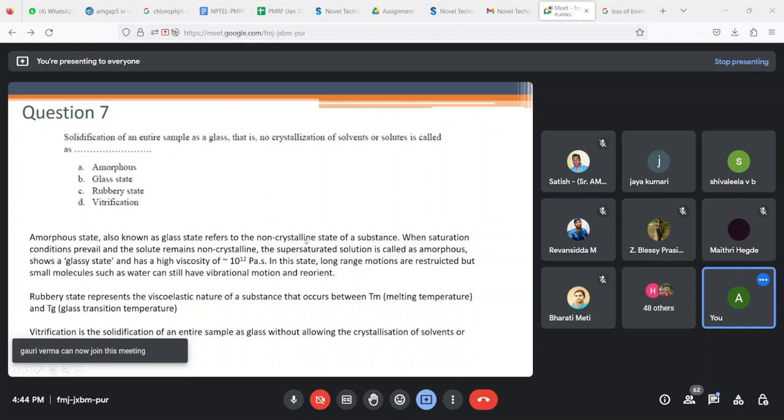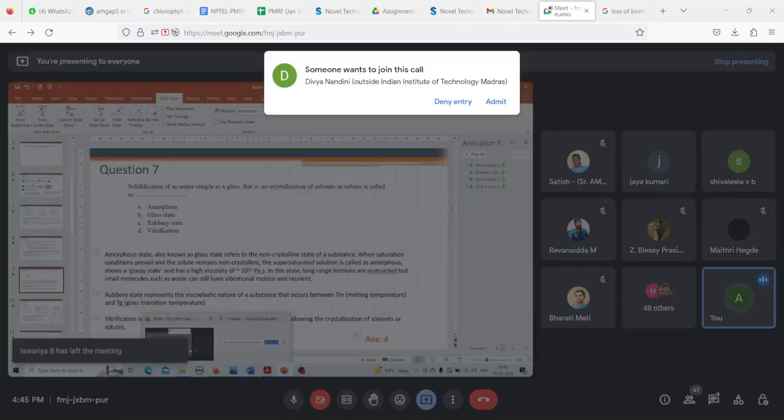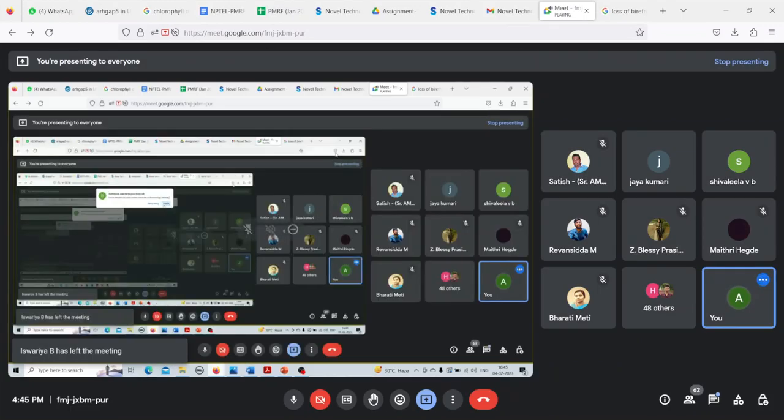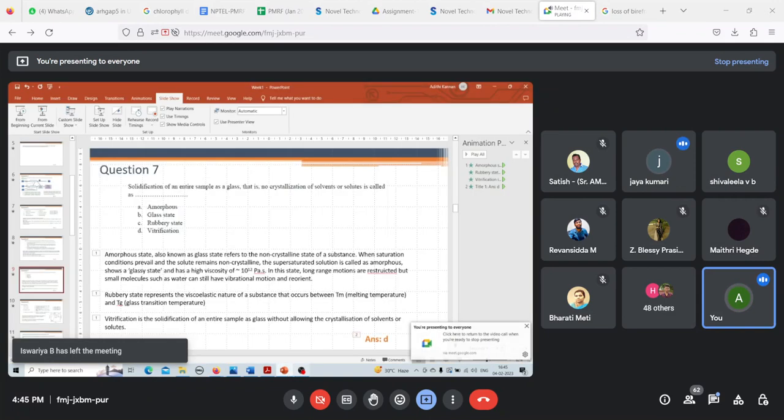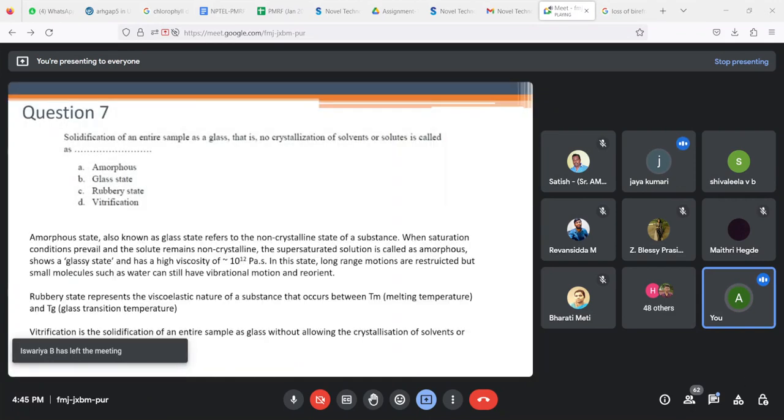It is a non-crystalline state, but it is known as a glass state because it has a very glassy appearance. Your water turns into ice, whereas your solutes will still remain soluble in the very little liquid that is present.